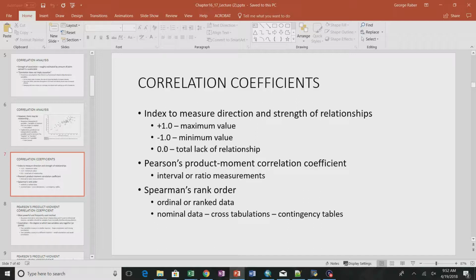Okay. Using real numbers, even with things that really aren't related, you're going to get values very close to 0 sometimes, but they aren't exactly 0. So that's one of the things that we're going to talk about: using inferential statistics to see if the relationship itself is significant.